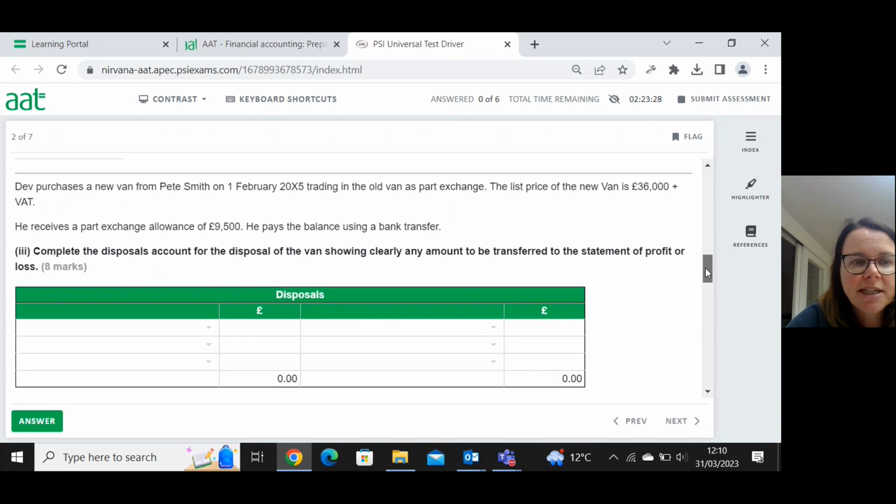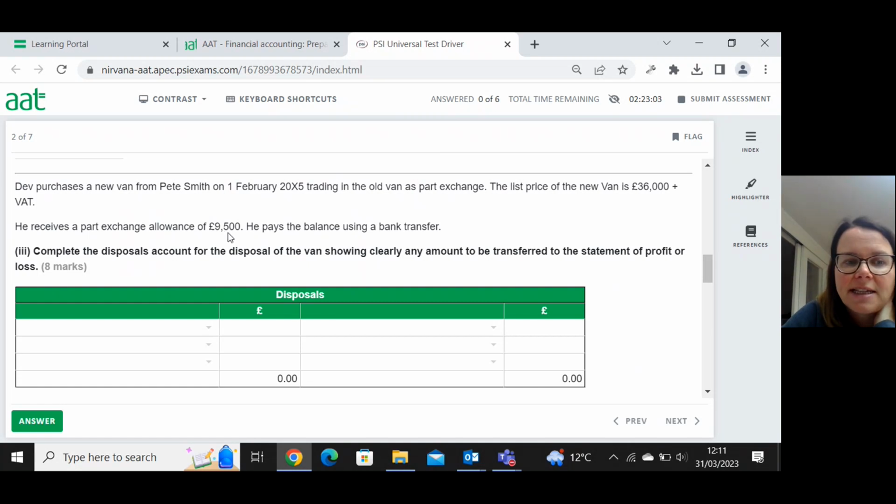Right, Dev purchases a new van from Pete Smith on the 1st of February X5, trading in the old van as part exchange. The list price of the new van is 36,000 plus VAT. He receives a part exchange allowance of 9,500, and he pays the balance by bank transfer.